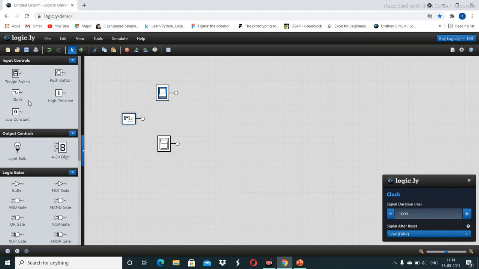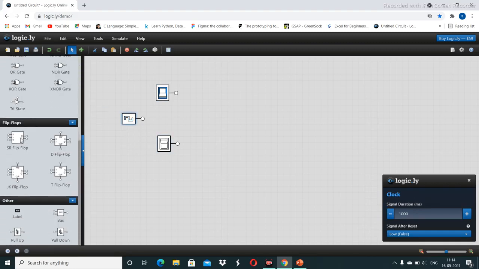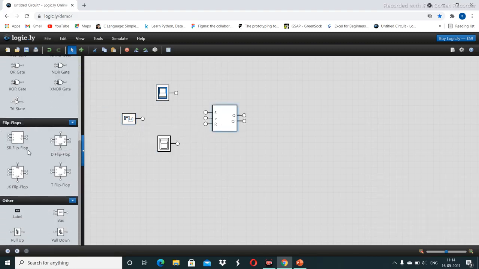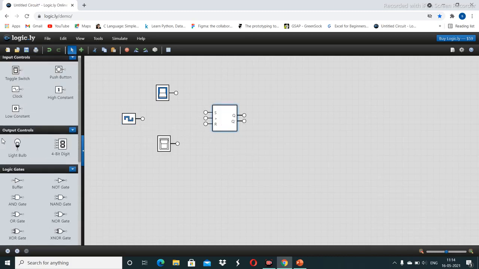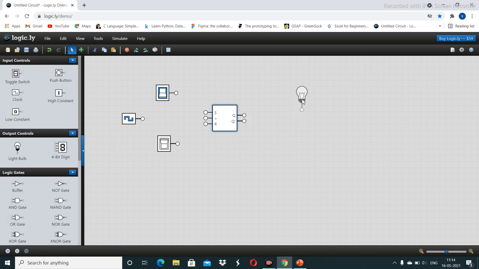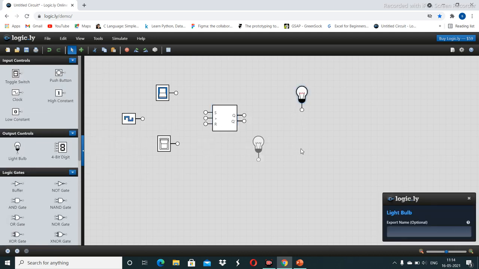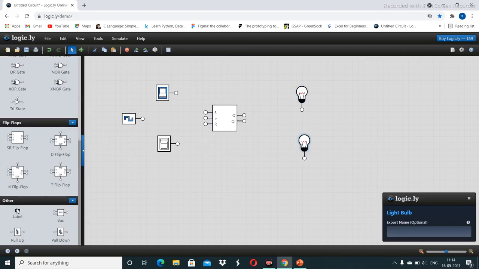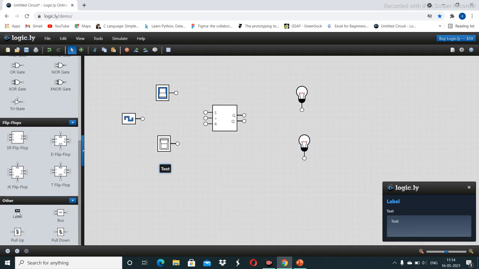And we need an SR flip-flop here to explain the SR flip-flop circuit, and we need two output controls here. By using a label box, we can label those switches and then outputs with its flip-flop.